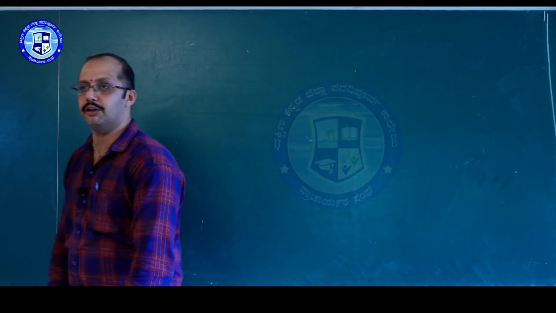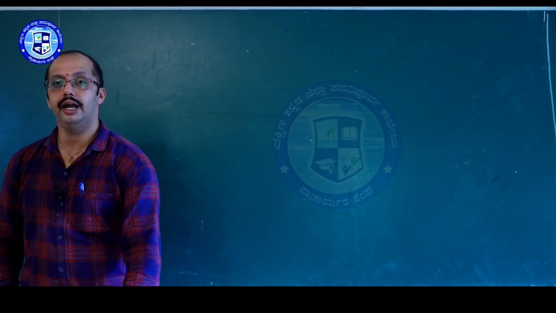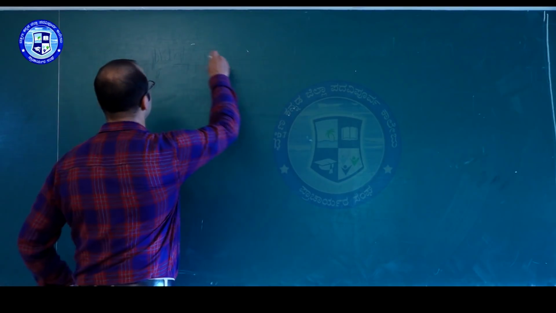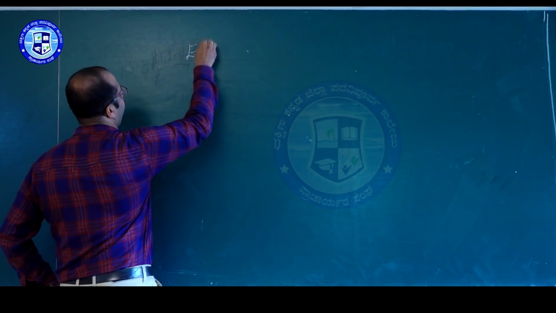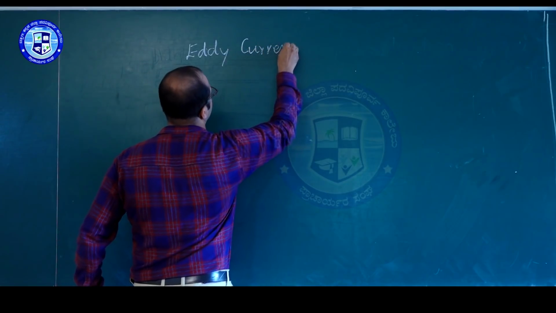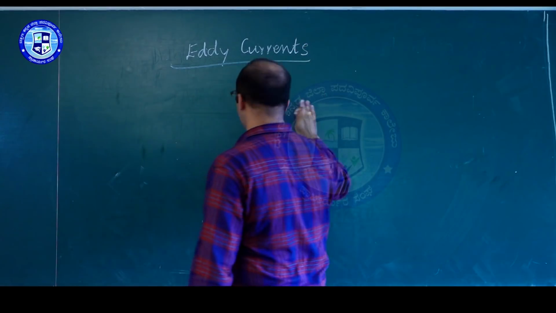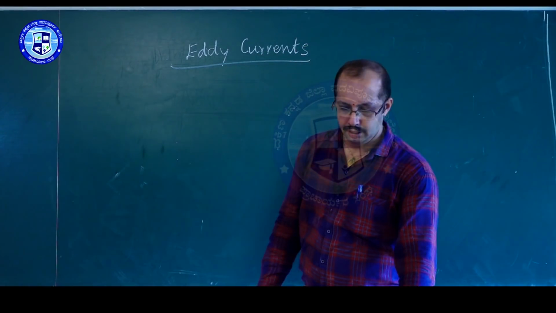Alright, so in this concept we considered the explanation about the energy consideration, and next we consider the concept of eddy currents. So how do you explain the eddy currents?